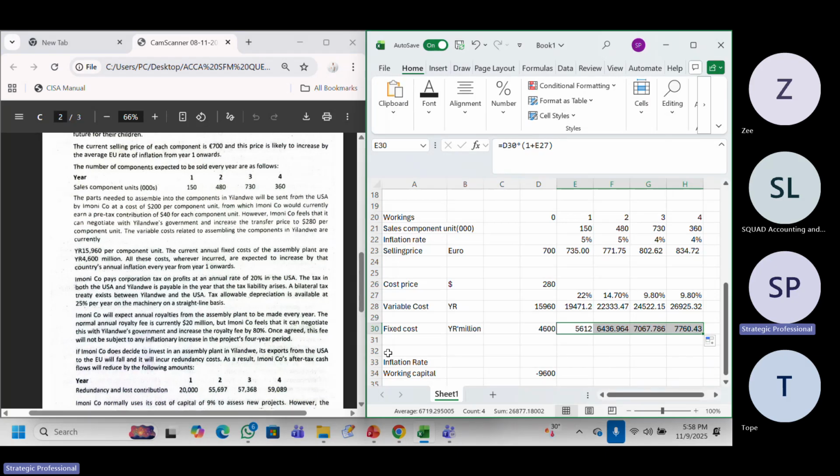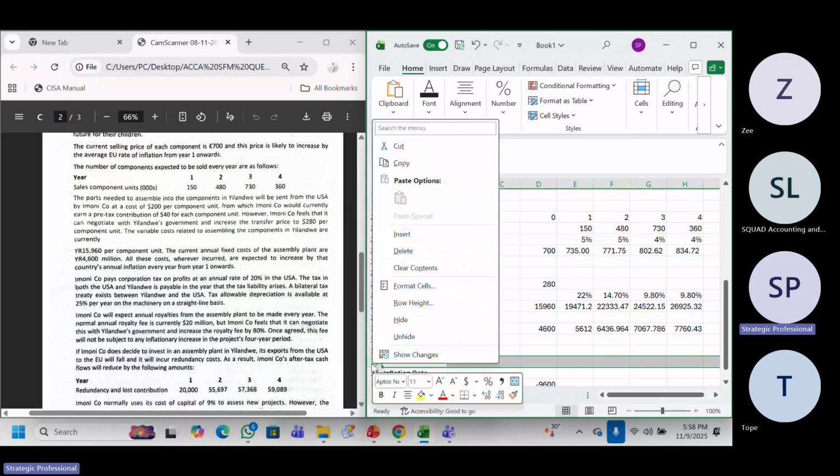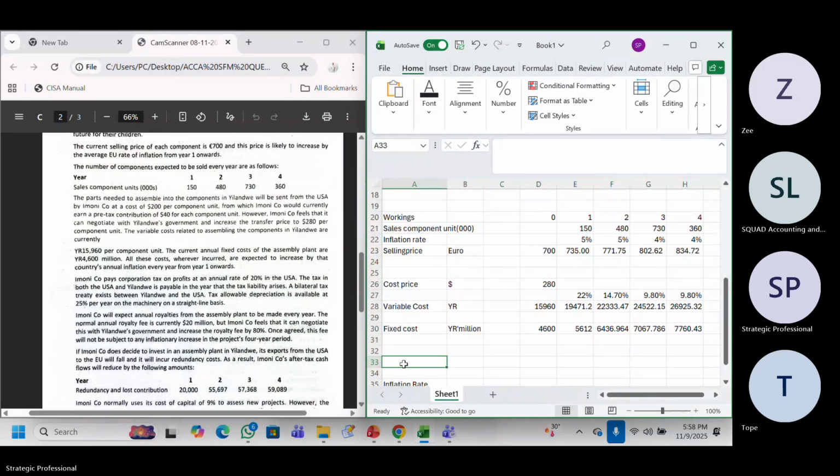So now let's move on to that one. Let's work on the royalty fee. The royalty fee is currently $20 million.